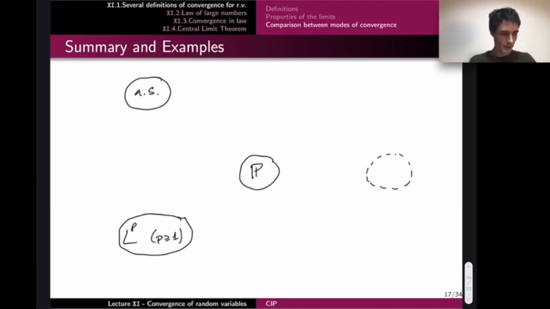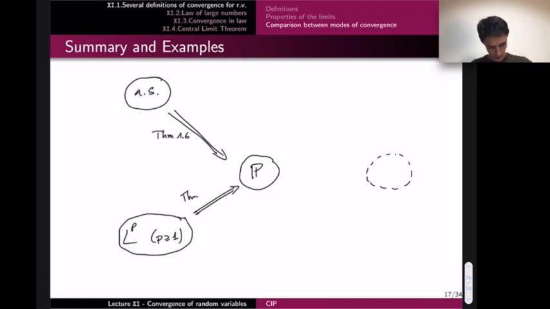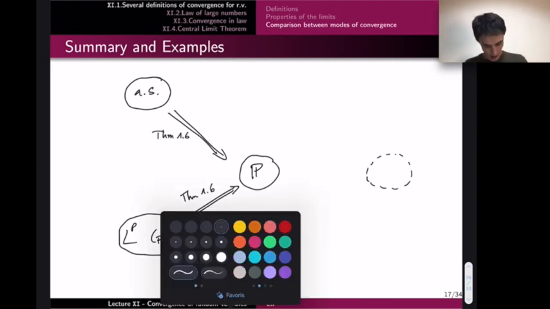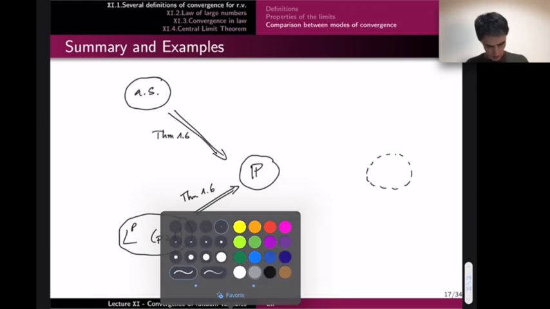What we know is that almost sure convergence implies convergence in probability, theorem 1.6. We also know by the same theorem that L^p convergence implies convergence in probability. Then we had some partial results. Maybe I will change color here.